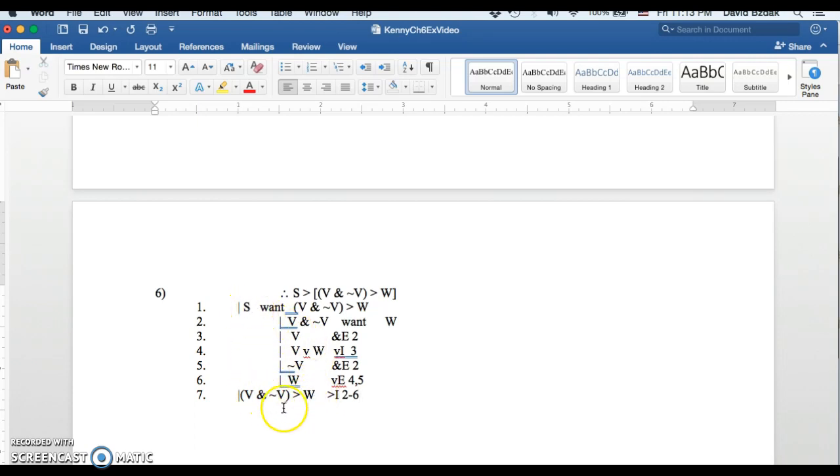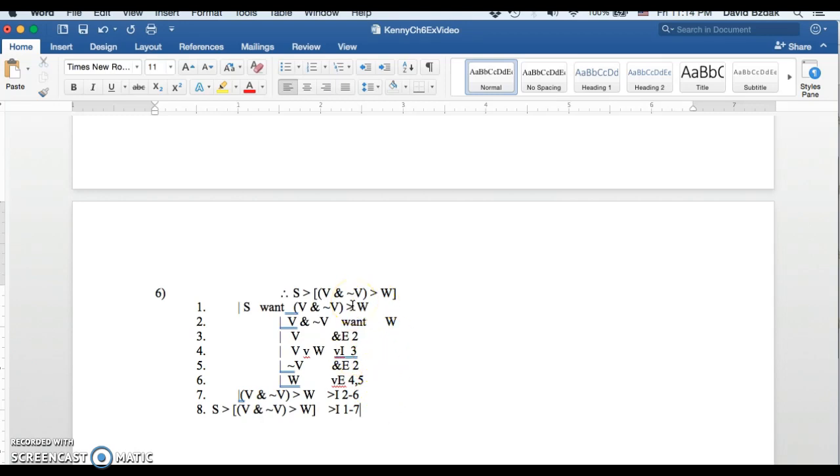So now we assumed S and we got this, so now we come back all the way to this scope line, and we get S conditional V and not V conditional W. And that's conditional introduction 1 through 7. So line 1 we assume the antecedent S, line 7 we derive the consequent, so conditional introduction lines 1 through 7.